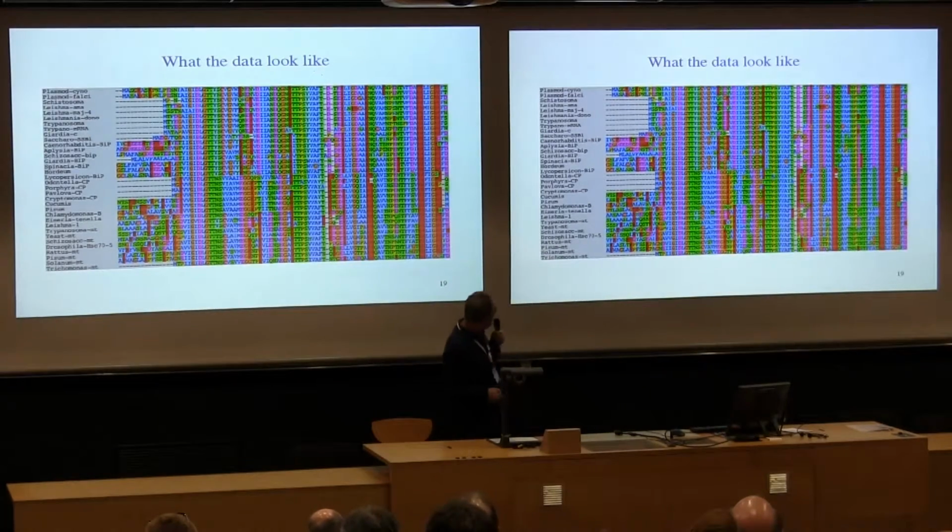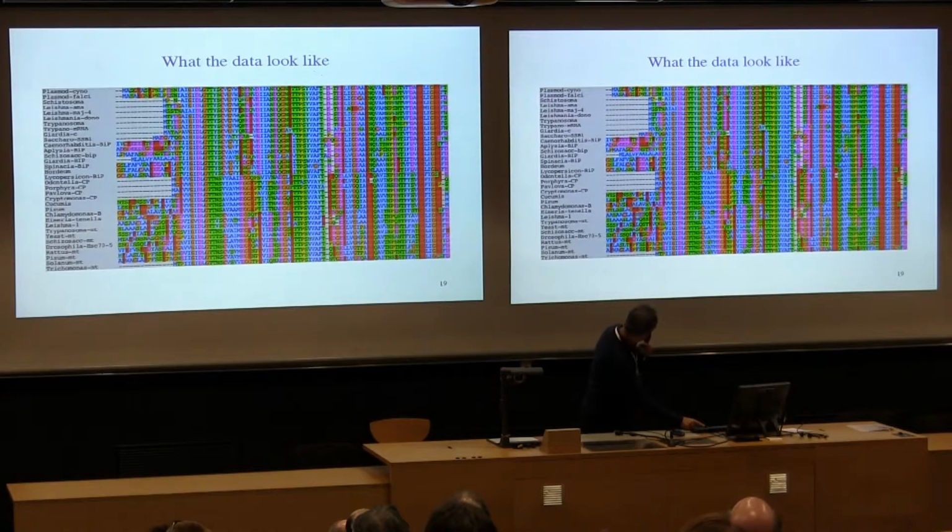So this is what the data look like for those of you who are not familiar with dealing with molecular data. We have a certain number of lines that represent extant organisms, and a large number of columns, several thousand such columns, that are filled with one or another amino acid observed in extant organisms.